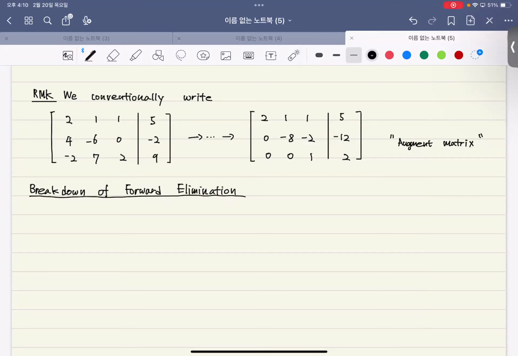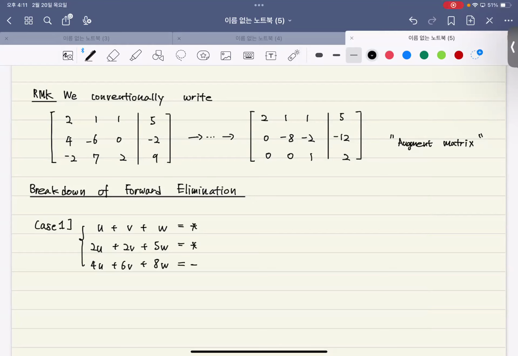Case number 1: U, V, W; 2U, 2V, 5W; and 4U, 6V, and 8V. I am not that interested in the right-hand side, so let me just leave it as stars.